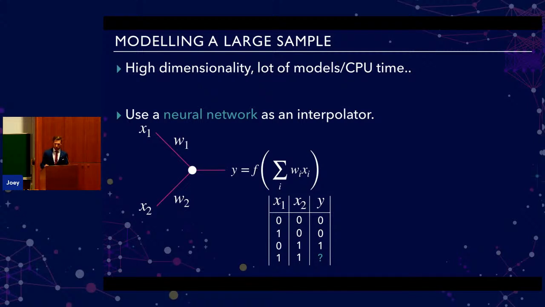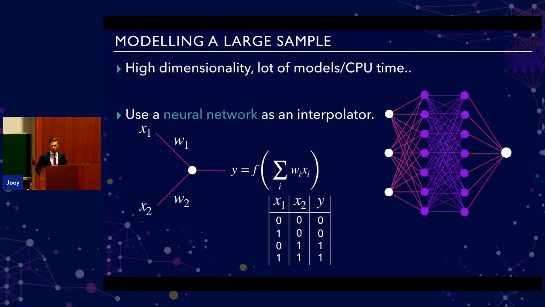If you give it an example, for example (0,0) equals 0, (1,0) equals 0, (0,1) equals 1, and then ask the neuron to predict what (1,1) should be, it should be equal to 1 because it's the value of the x2 input channel. So the neuron tries to optimize these weights so that it can predict the output. In this case, it just gives a large weight to w2 and not so much to w1.